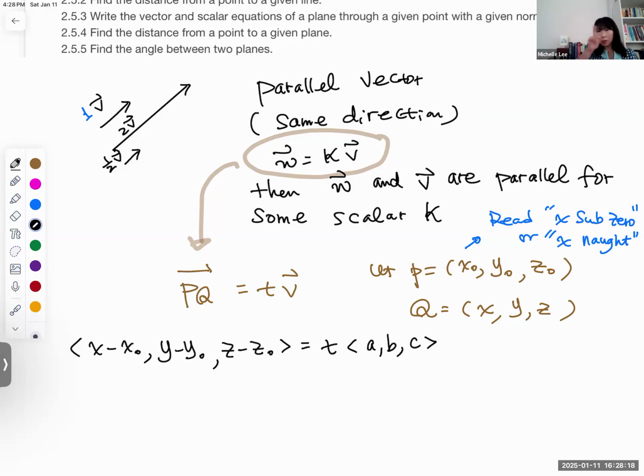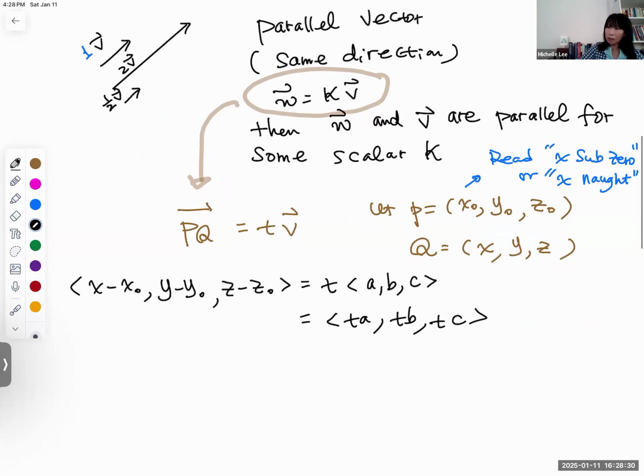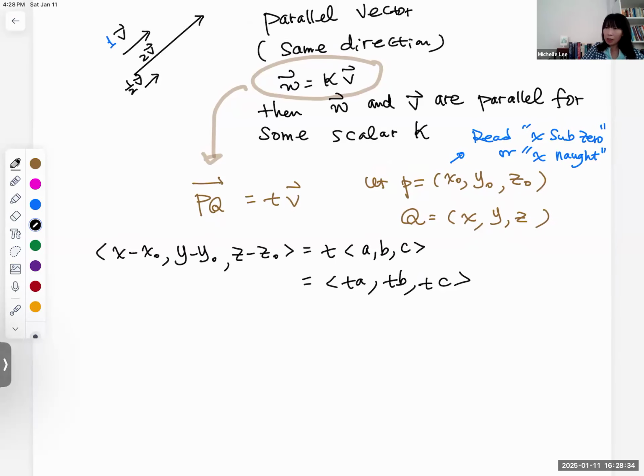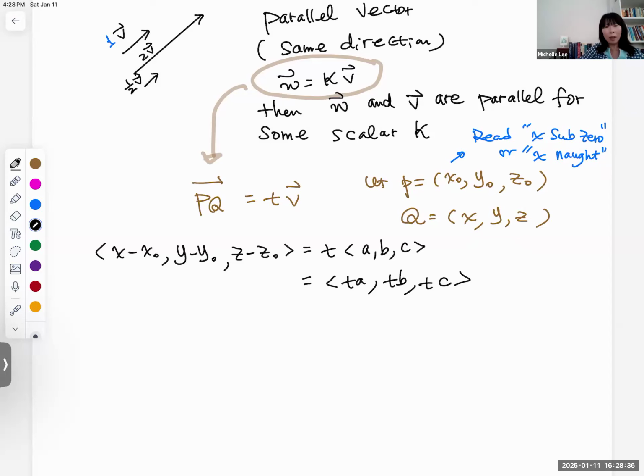Then we can distribute on the right side. That will be ta, tb, tc. All right, then we have a vector equation of a line.